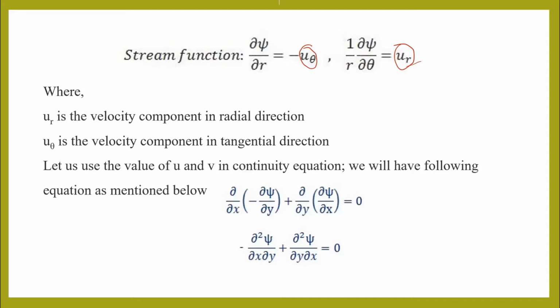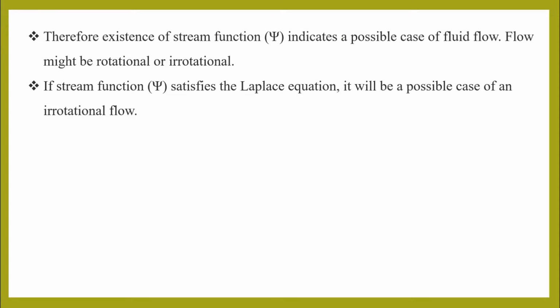Okay. So substituting the values of u and v in the continuity equation, we get dou by dou x into minus dou psi by dou y plus dou by dou y into dou psi by dou x is equal to 0, which is minus dou square psi by dou x dou y plus dou square psi by dou y dou x is equal to 0, which is indicating a possible case of a fluid flow.